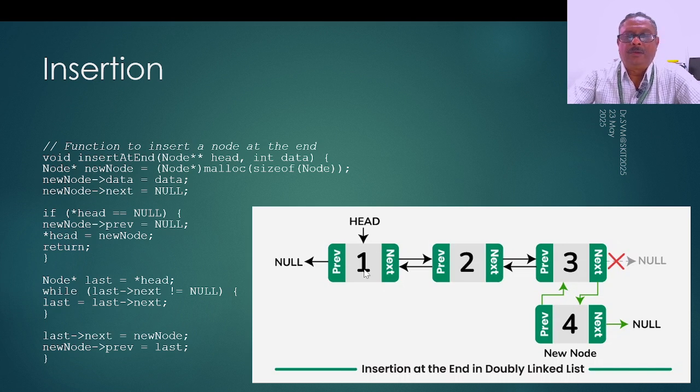Then finally, let's look at what could happen if we try to insert the node at the end of the linked list. For the end of the linked list, it is simple. Go till the end and then make a new node, and the next of the last node points to the new node.